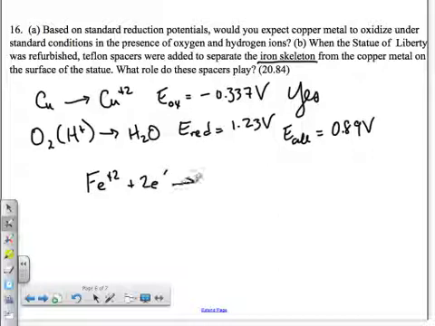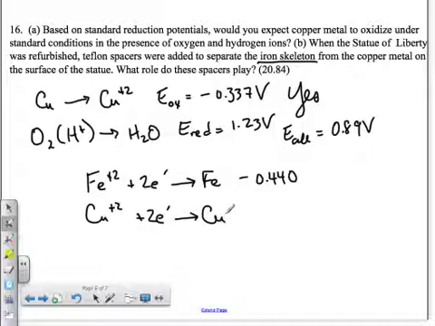So here's the reduction potential for iron. And it is a negative 0.440. The reduction potential for copper, which you will find on your standard reduction potential table, is positive 0.337.